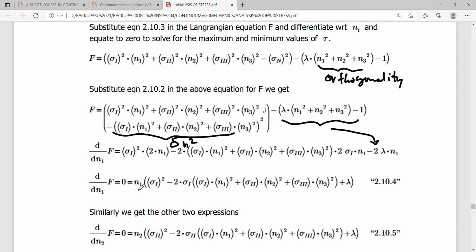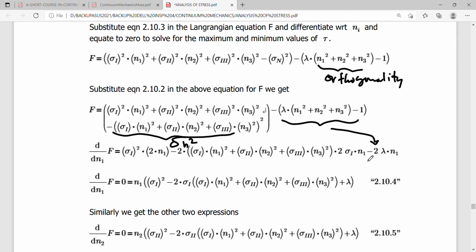Okay, so this is simply n1 factored. There's an n1 there and an n1 here. And then we simply retain the sigma 1 squared here, the sigma 1 squared there, and then the minus 2 sigma 1 n1 squared here, plus this and plus this. And here what retains is simply the lambda there.